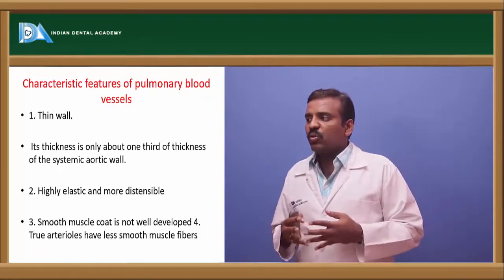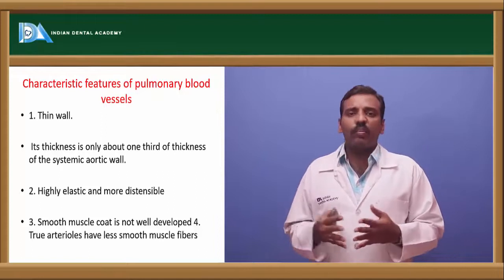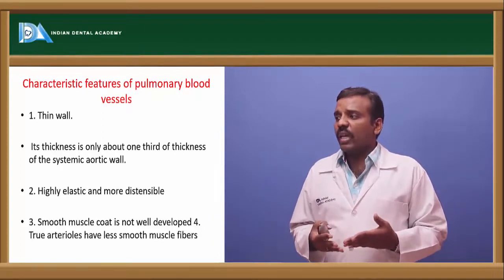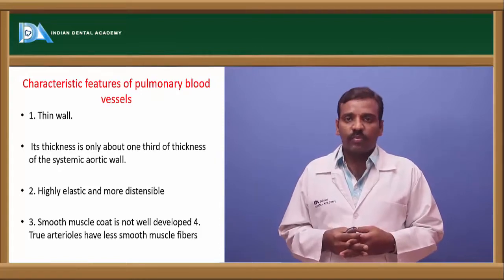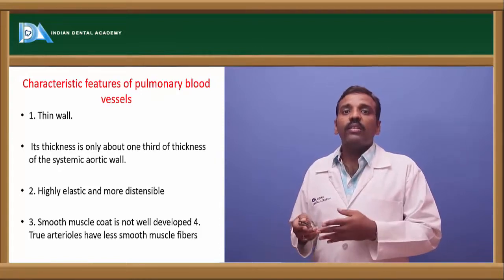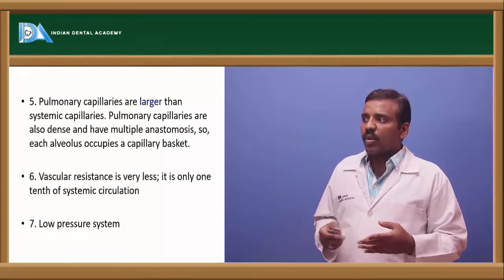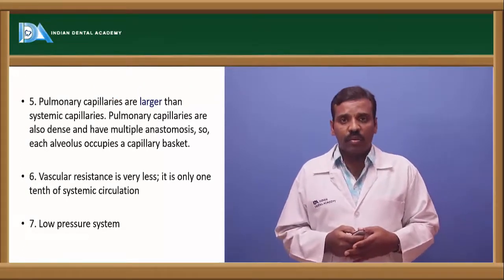Next, the smooth muscle coat is not well developed, and the true arterioles have less smooth muscle fibers in the pulmonary circulation. The pulmonary capillaries are larger than the systemic capillaries.